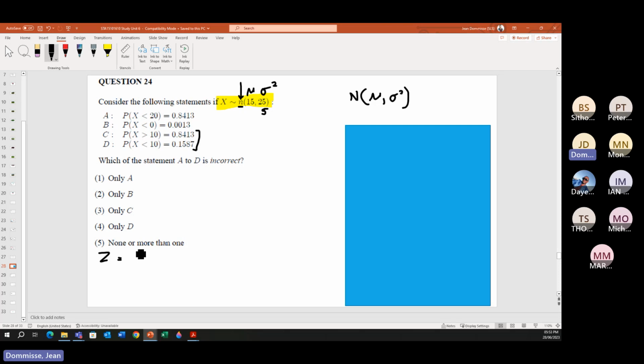Z is equal to the X, which is 10, minus the mean, which is 15, divided by the square root of the variance, or just what we call standard deviation, which is 5.